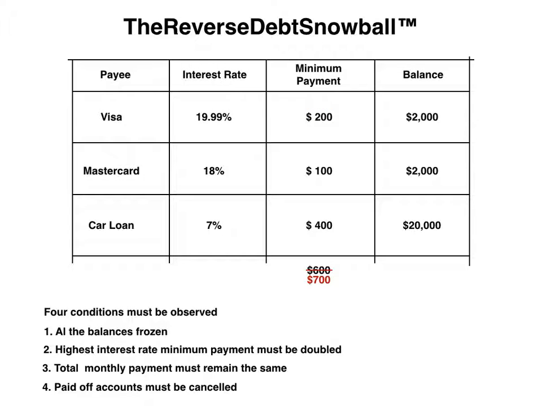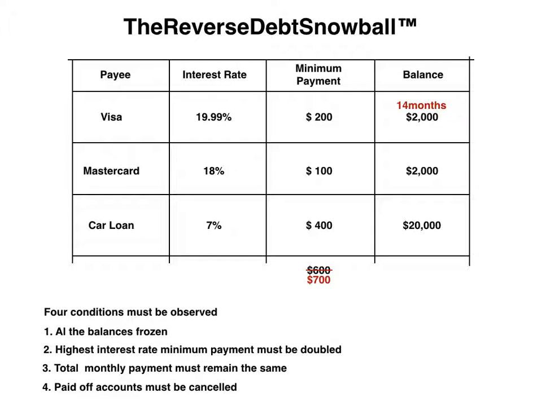In the first month, we are paying $200 per month on a Visa balance of $2,000. If we are not adding any new debt to it, as per condition number 1, in theory it should be paid off in 10 months, $2,000 divided by $200. But it really takes 14 months because of the 19.99% interest charges.